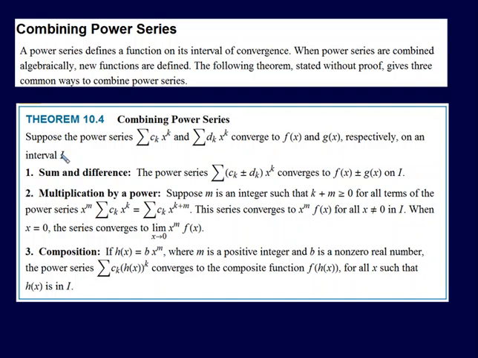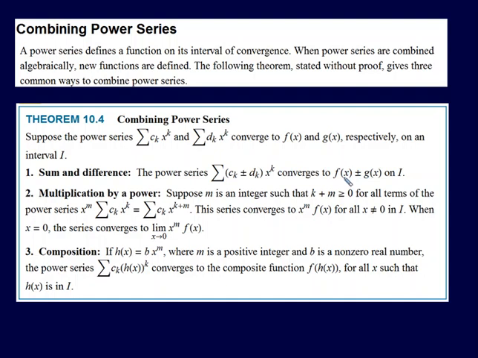What the three parts of this theorem say is that, just like I can add two functions together to make a new function, I can add their respective power series together and create another power series for the function made up of the sum or difference of those two functions.